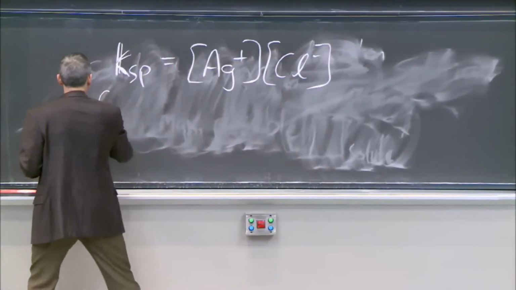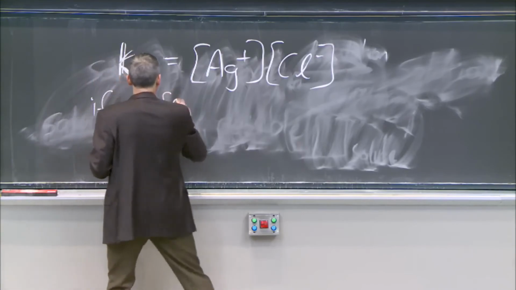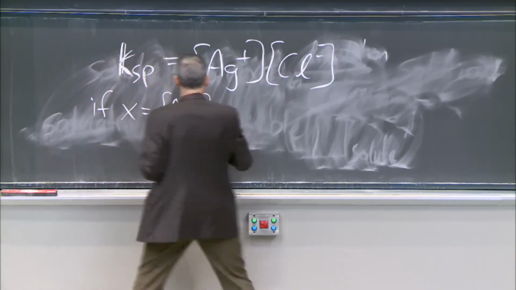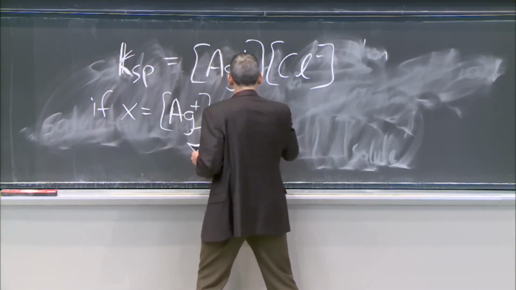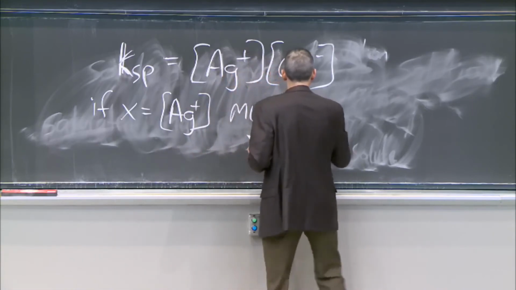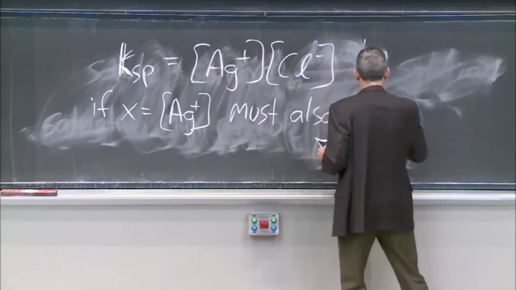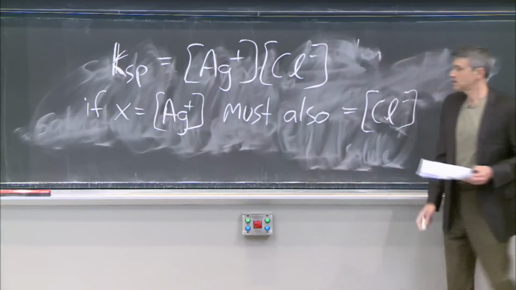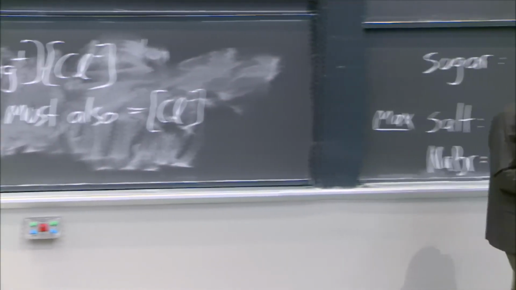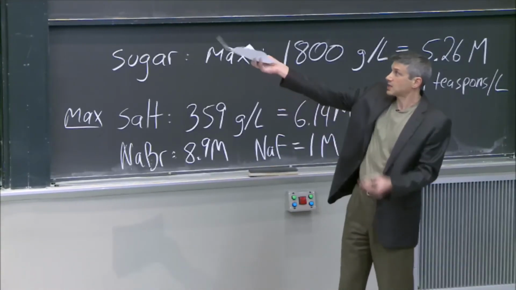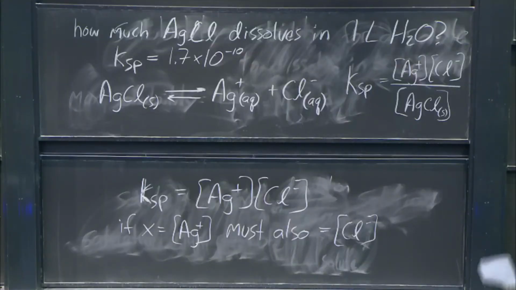So if X equals the concentration of silver plus, then it must also equal the concentration of Cl minus. If you just let X equal the concentration that comes from the reaction, there's 1 in front of silver and 1 in front of chlorine.